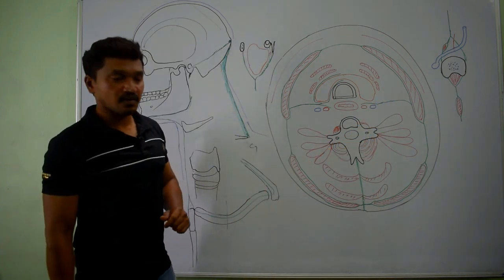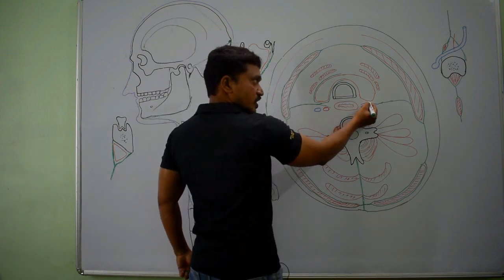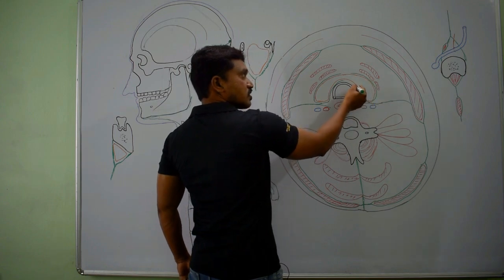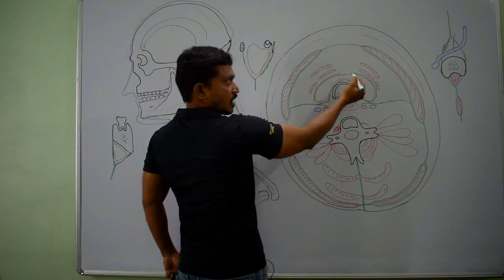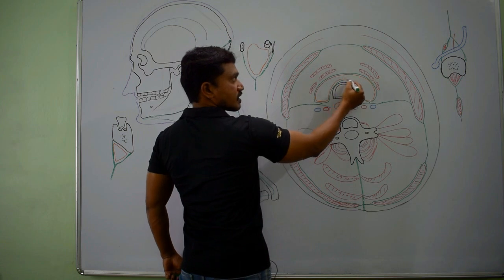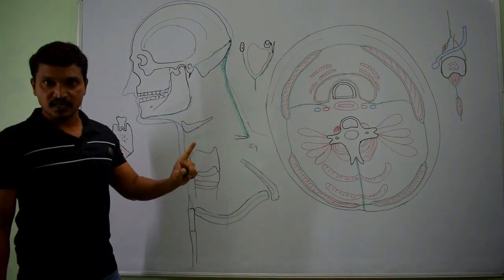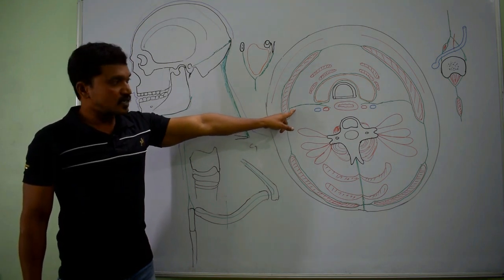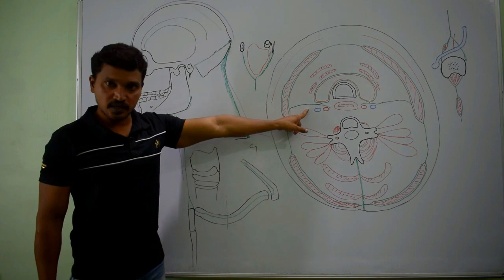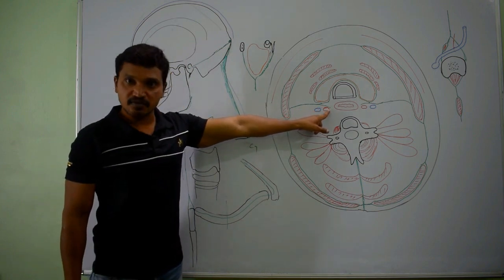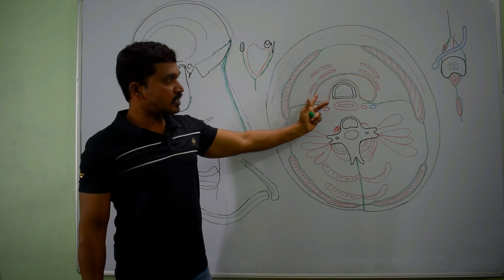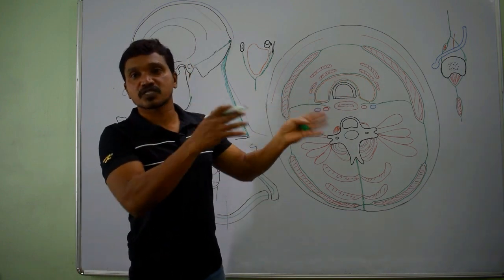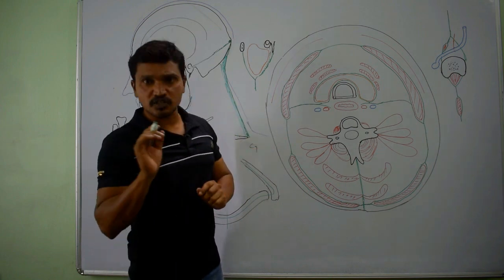After that, it is splitting into two layers and covering the thyroid gland. When it reaches the midline, opposite side layer will be fused like this. Very simple, horizontal extension. It is emerging from the investing layer of deep cervical fascia underneath the sternocleidomastoid. It goes medially, forms the anterior layer of carotid sheath. Then it splits into two layers and encloses the thyroid gland and in the midline fuses with the opposite side layer. That's it.